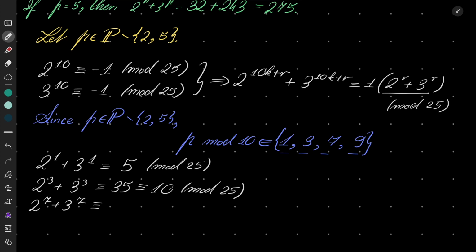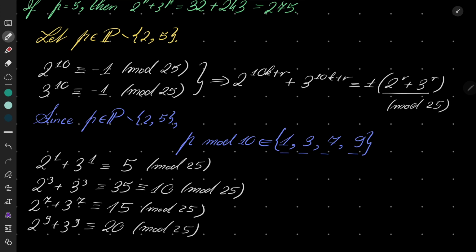It's congruent to 15 modulo 25. And finally, 2 to the power of 9 plus 3 to the power of 9 is congruent to 20 modulo 25.